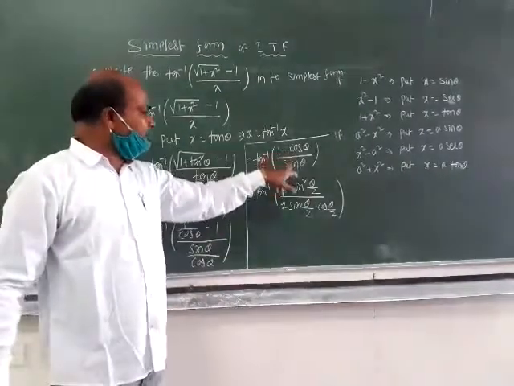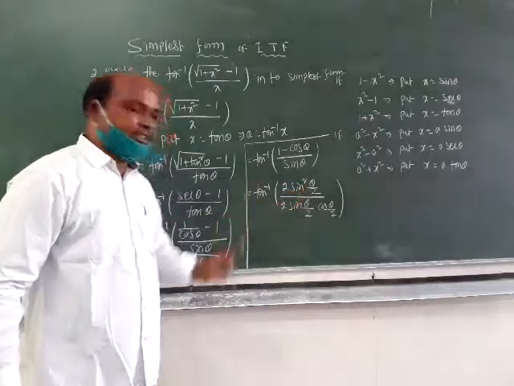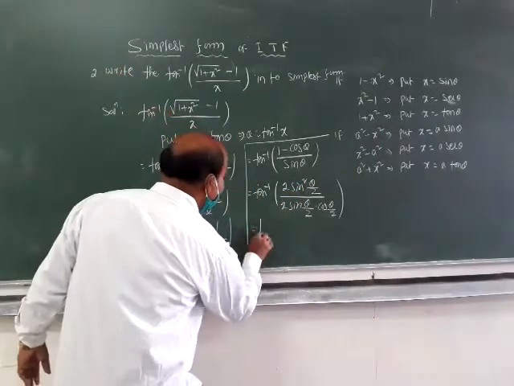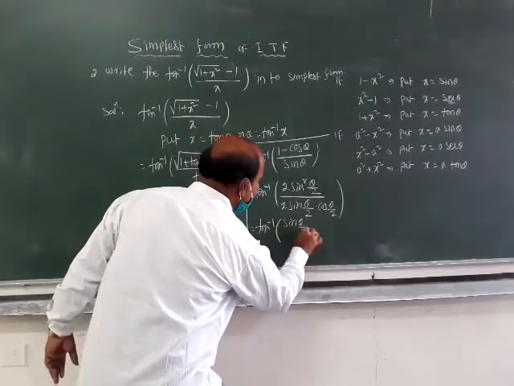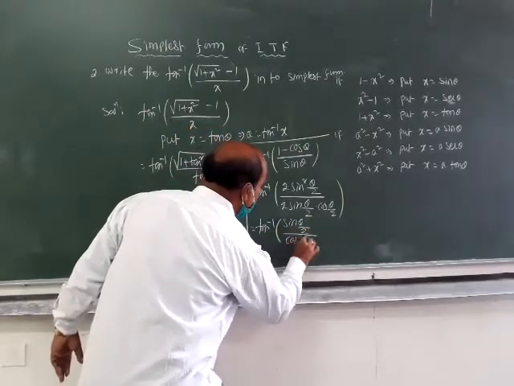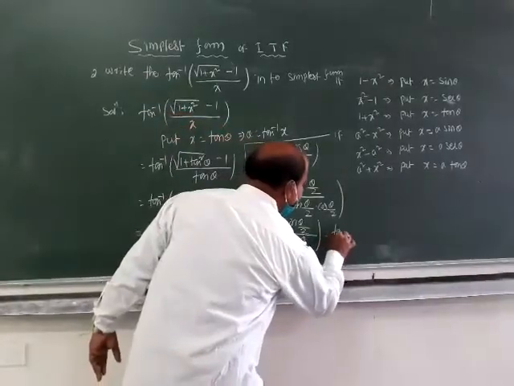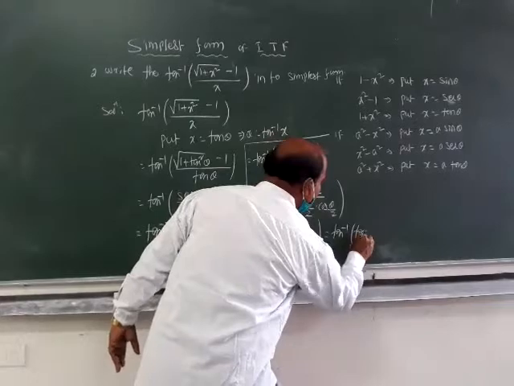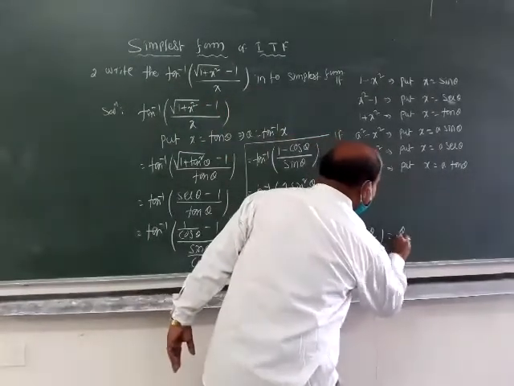You know this formula. So the 2 cancels, and 1 sin term and 1 sin term are cancelled. What is left? Tan inverse of sin theta by 2 upon cos theta by 2, which gives tan inverse of tan theta by 2, which is theta by 2.